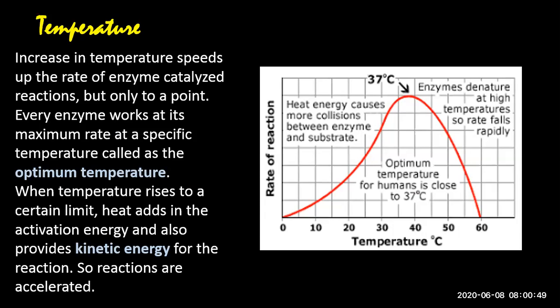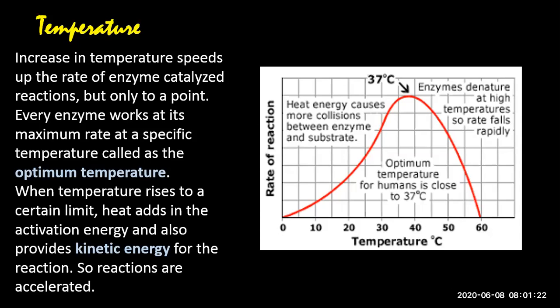After that, the rate of the reaction can slow down because the heat increases so much that enzyme loses its structure. It is denatured. When enzyme is not there, how will the rate of reaction increase? Rather it will decrease. After a certain limit, enzyme loses its structure and it denatures, and the speed of the reaction slows down.